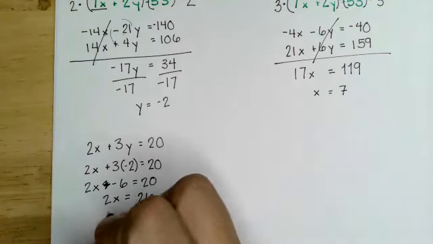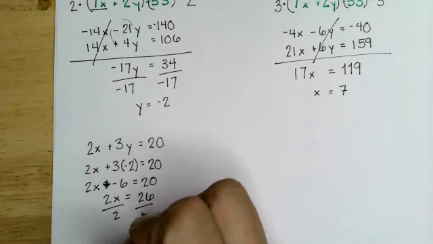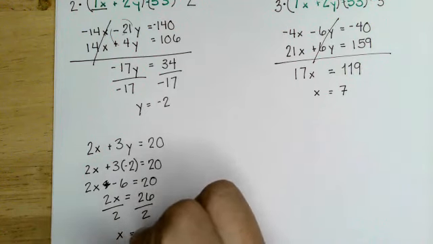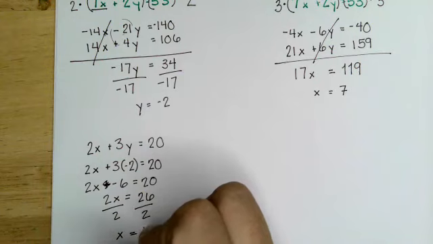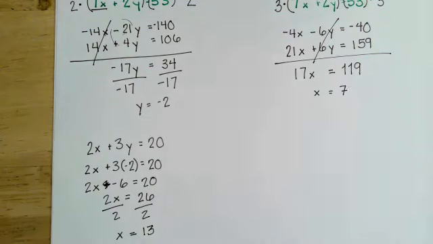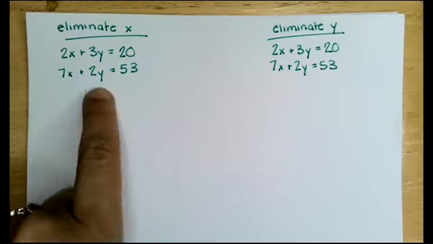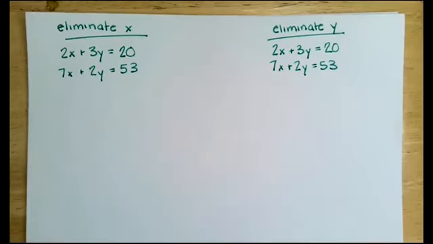And I will divide by 2. x is 13. All right, I just wanted to give you an example of eliminating x and eliminating y and how you can do either one.